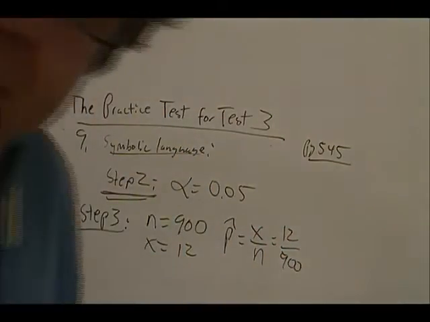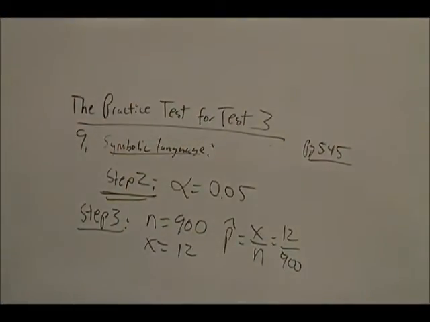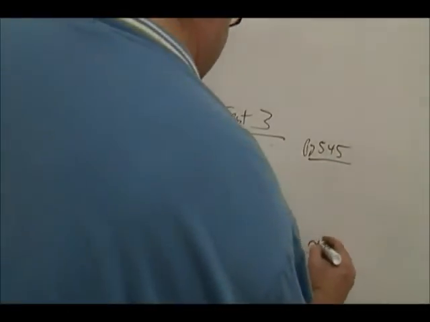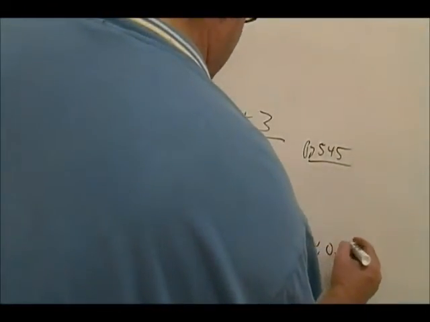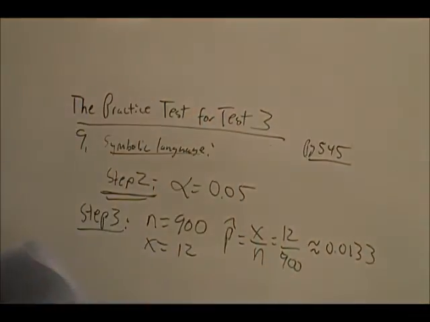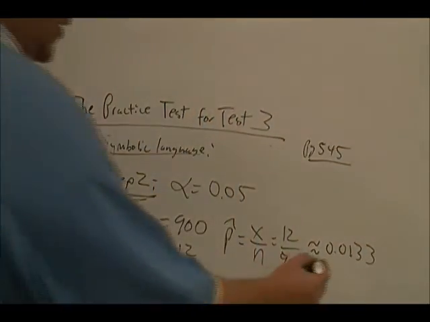Is all this coming in? And if you use your calculator, what you come up with here is that 12 over 900 is approximately equal to 0.0133 rounded to 3 significant figures.